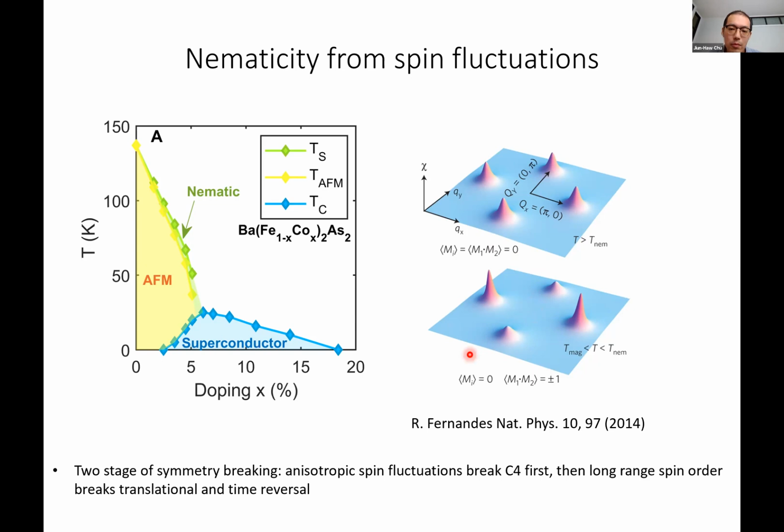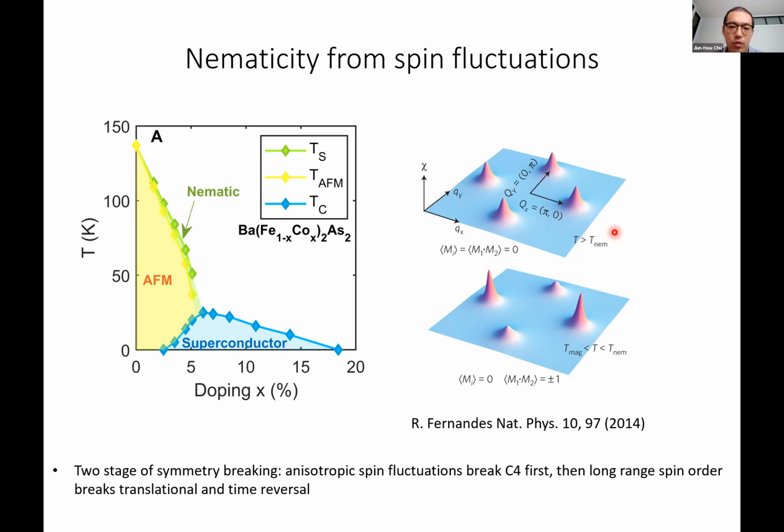Then once you develop this nematic phase, when you further cool the system, finally the system breaks the translation and time-reversal symmetry. So this nematic phase is actually the so-called Q equals 0 symmetry-breaking phase. Namely, in that phase, there's no translational symmetry breaking. The order parameter is basically a physical quantity that is uniform across space.